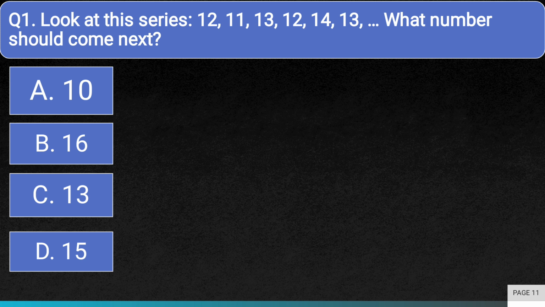The next one, look at the series 12, 11, 13, 12, 14, 13. What number should come next, right? If you will find out the relation between 12 and 11, you will find out that from 12, 1 is subtracted and we get 11, and after 11 we added 2 and we get 13.